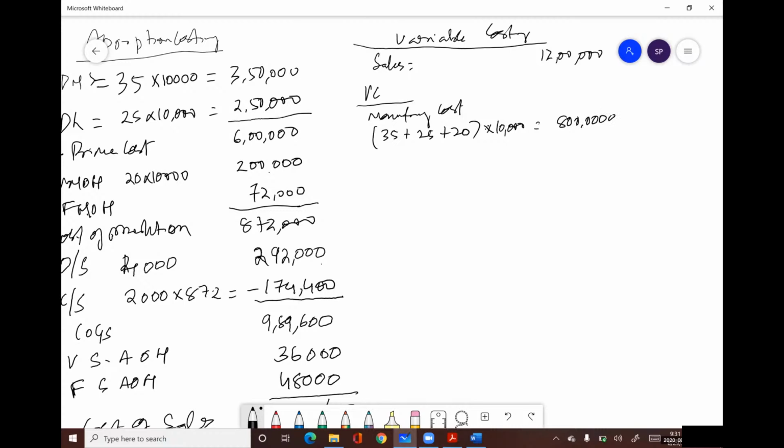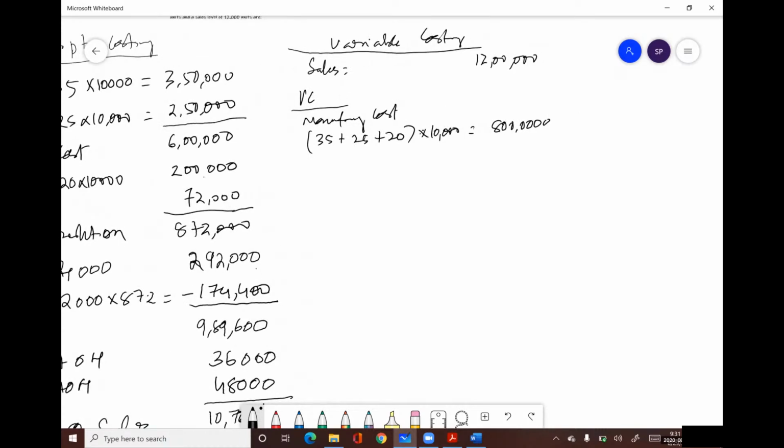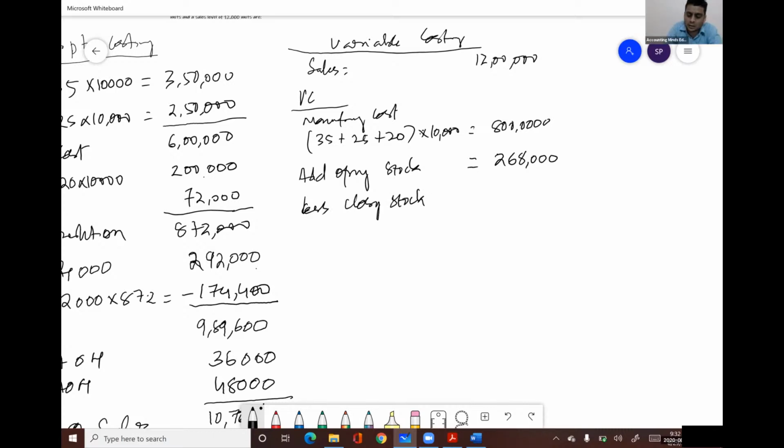Then add opening stock. How much is the opening stock? 2,92,000? We calculated before, no sir. No sir, it's 2,68,000. Very good.